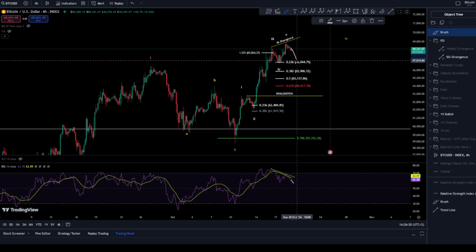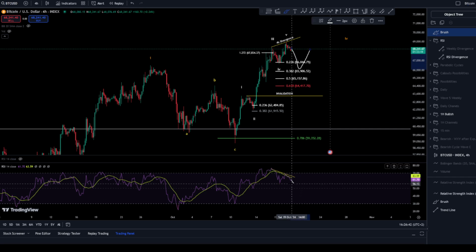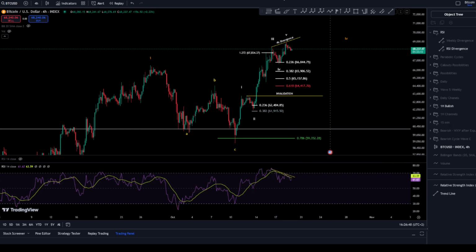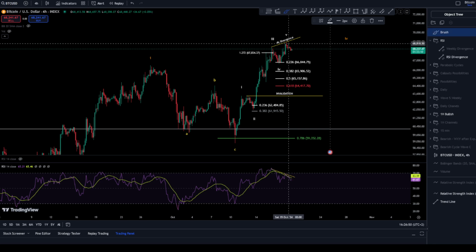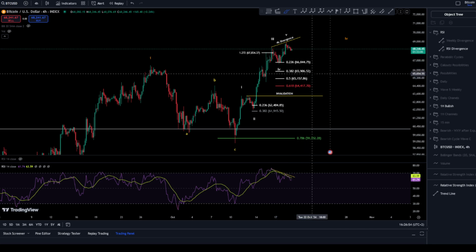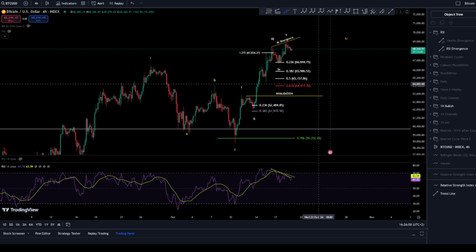So we might, of course, dive a little bit deeper, and if you are bearish, you want to dive even deeper, because this might unfold as an impulse, and then we might see 3 waves corrective towards the downside.